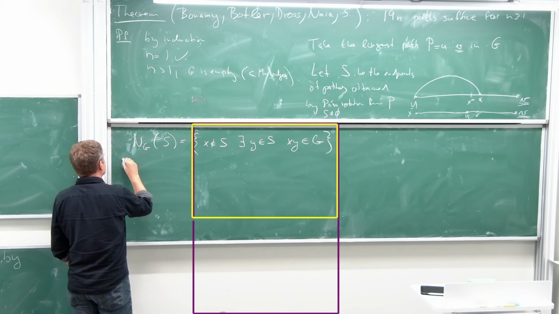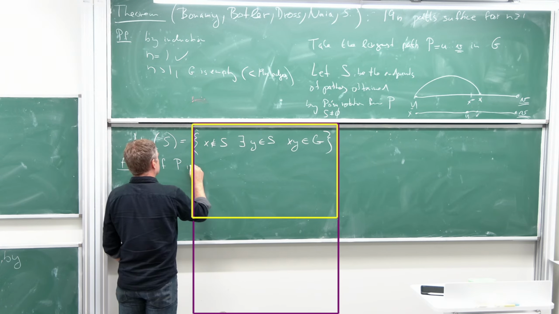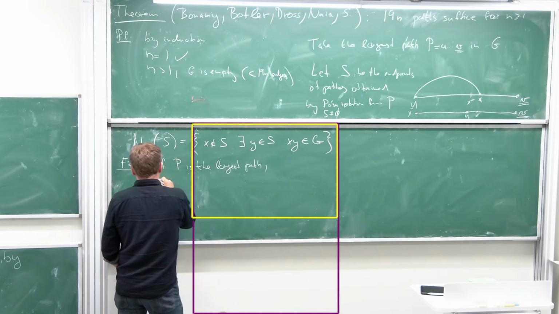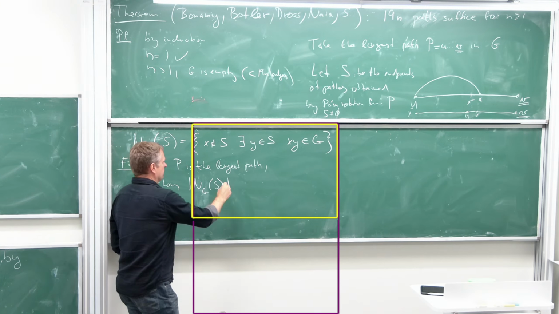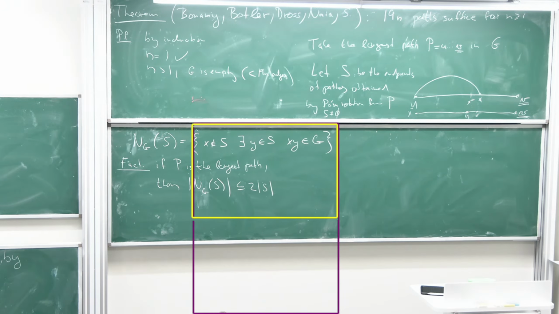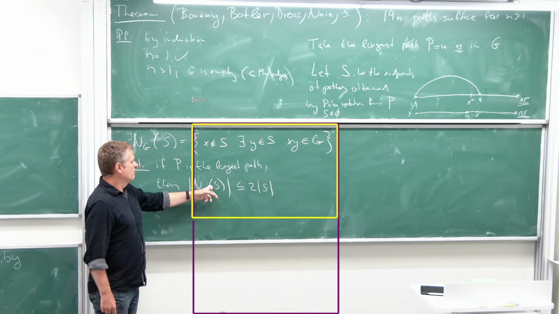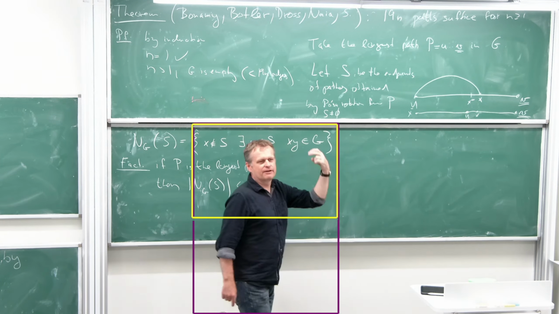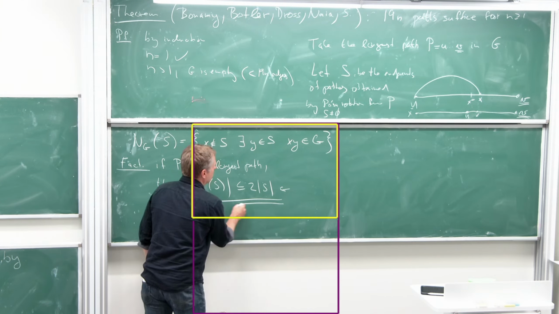Because there is this nice fact which says that if P is the longest path, then we can estimate the number of these neighbors. It will be at most 2 times the size of S. Essentially, what you prove is that the neighbors of S are actually neighbors of S on this path P. Because they are on the path, you can have at most 2 neighbors each, and that's what gives you this upper bound. So we will need this particular statement.